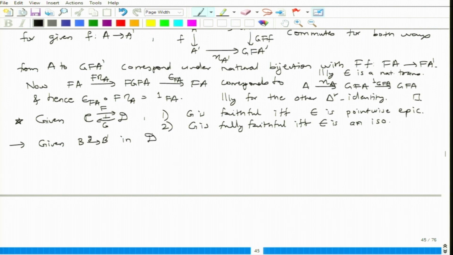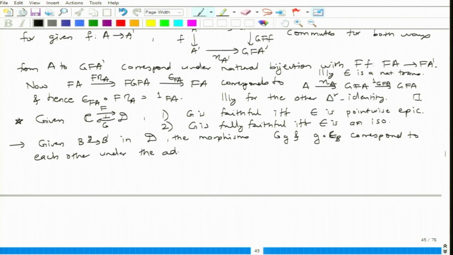A morphism G from B to B prime in D. The morphisms GG and G composed with epsilon B correspond to each other under the adjunction.